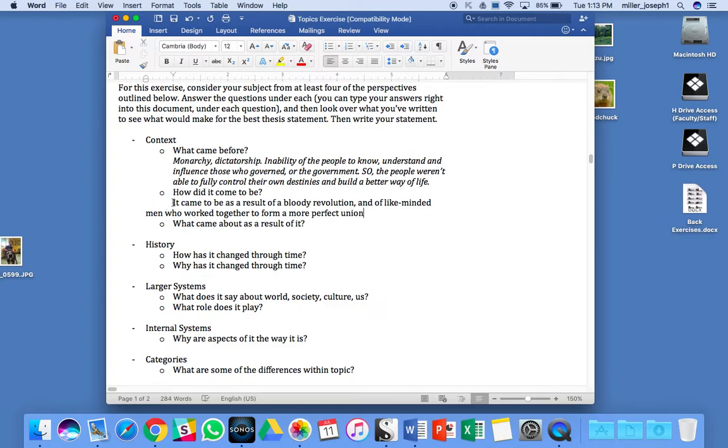All right, I'm going to hit return here so that it looks kind of nice. And again, the italics.